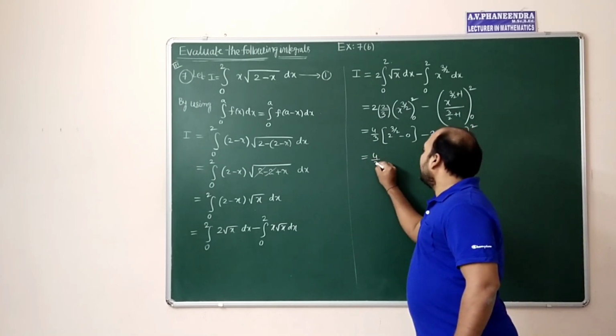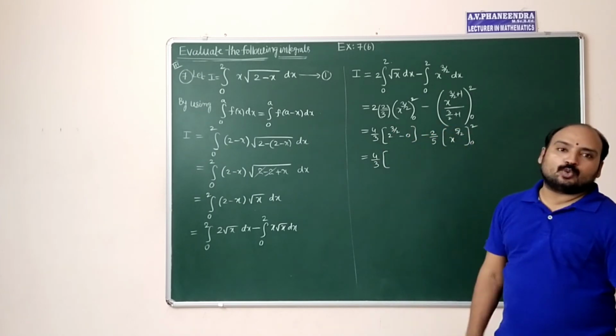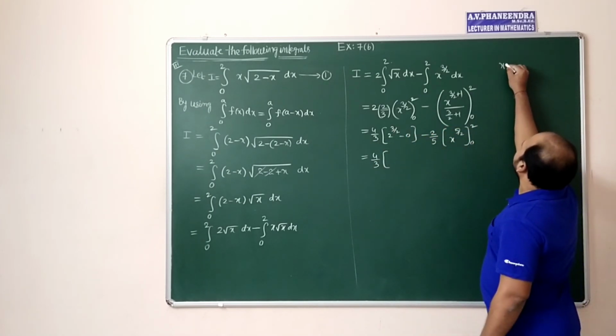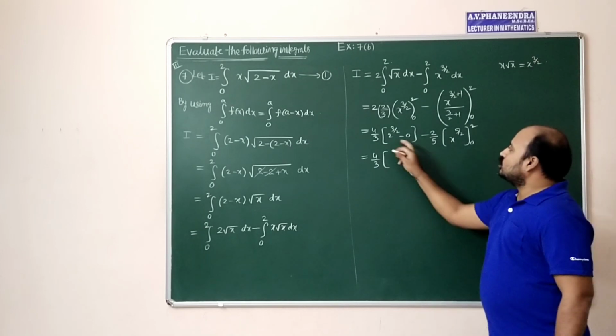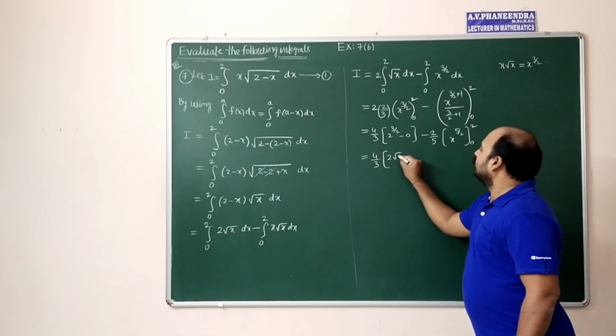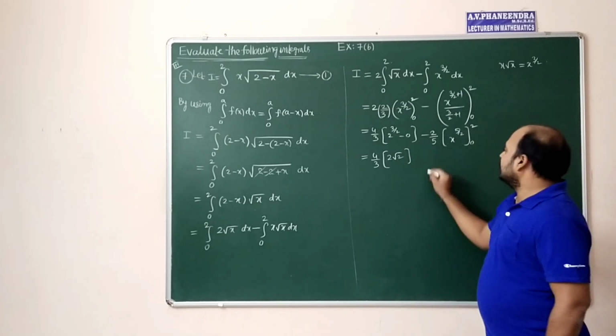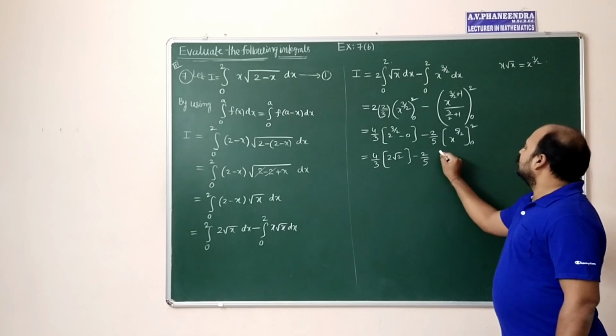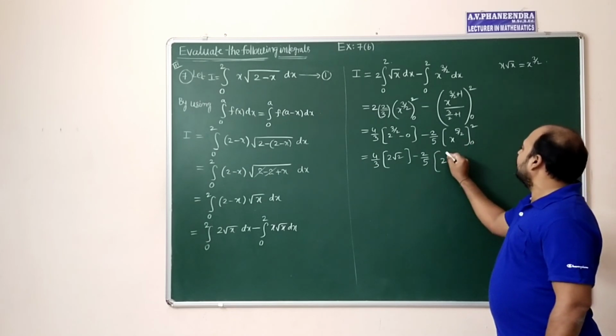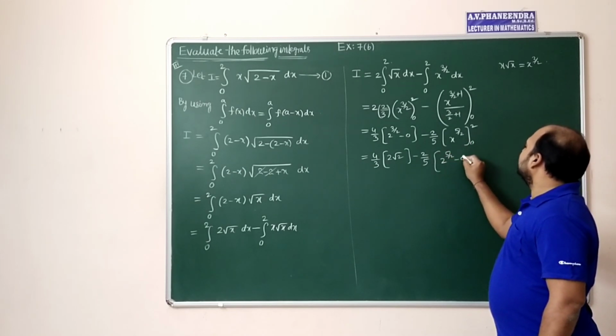So 4 by 3, 2 power 3 by 2. x root x can be written as x power 3 by 2. In the same way, 2 power 3 by 2 is 2 root 2. Minus 2 by 5, x power 5 by 2. So in place of x, upper limit 2 power 5 by 2 minus 0.